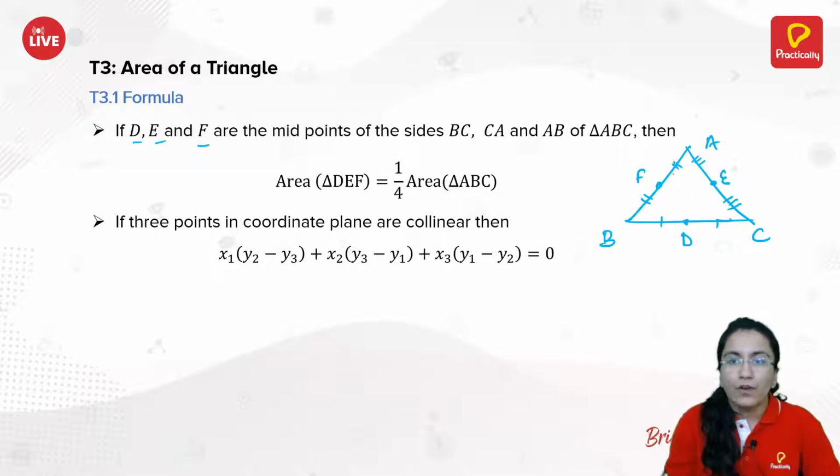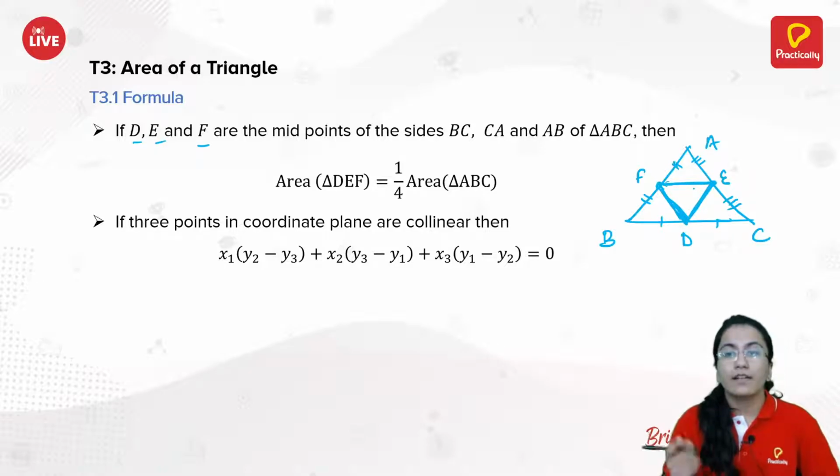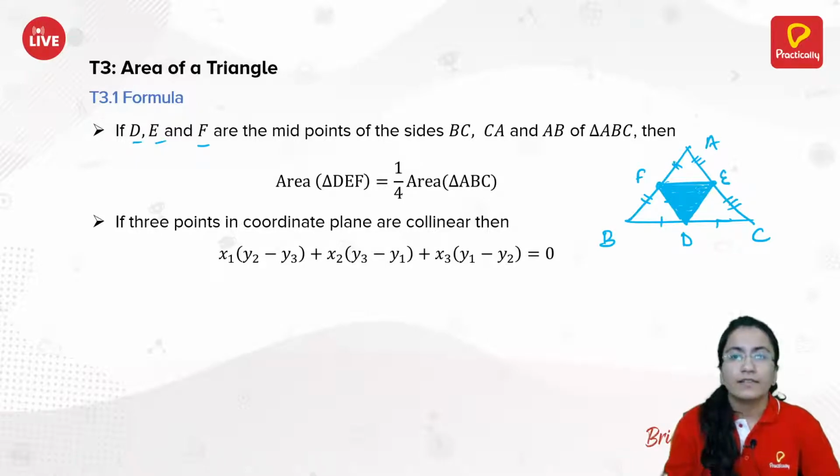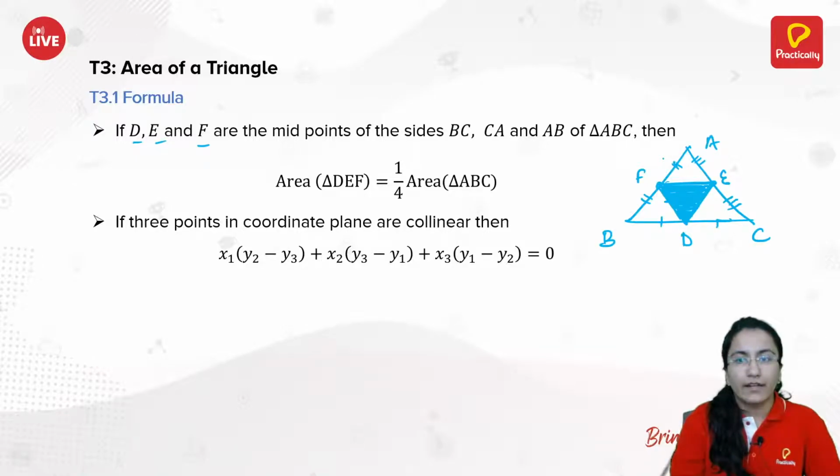So if you draw a triangle joining these 3 points which you have just marked, D, E and F, then there is a relation between the area of triangle DEF and the area of this complete triangle ABC. What is this relation?